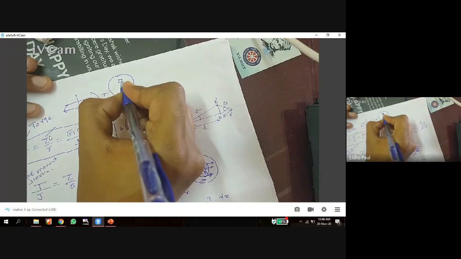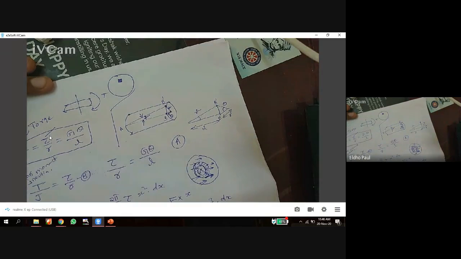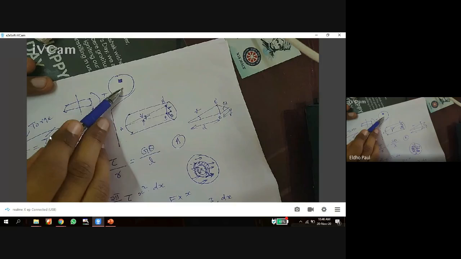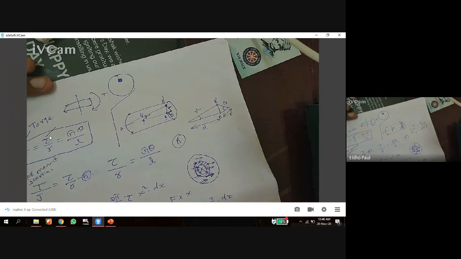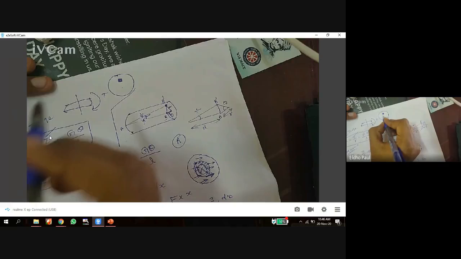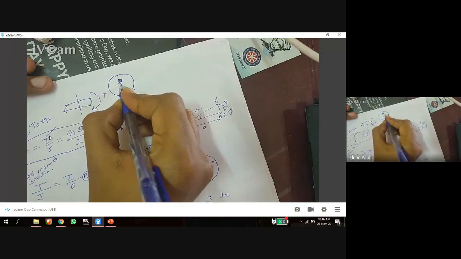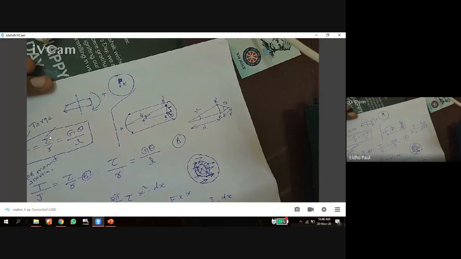This is the front view of that cross section. In that, I take an element, and that element is at a distance r from the center.